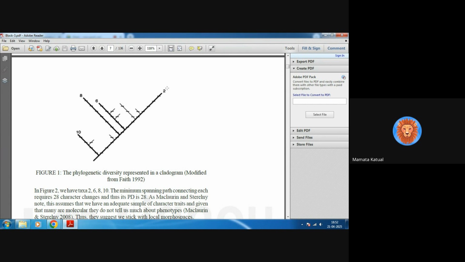Species is a taxon, genus is a taxon, and family is a taxon. So we not only study the species taxon, but we can also study genus and other taxa.